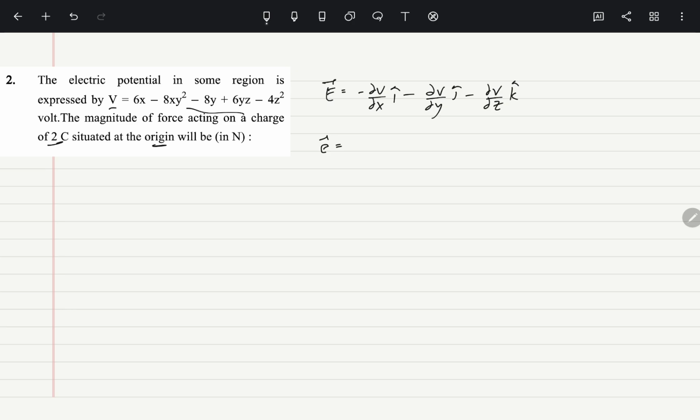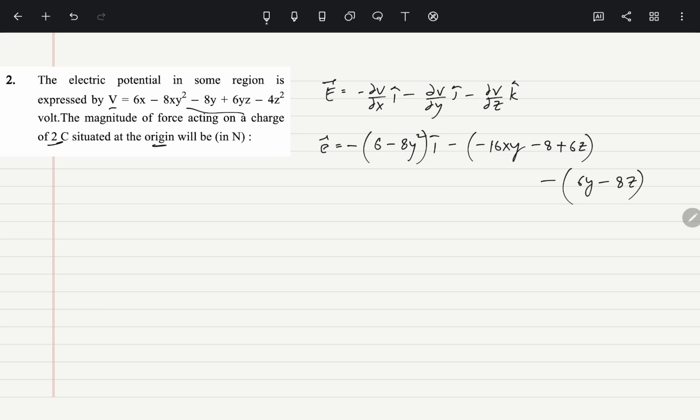So del V by del x is minus 6 minus 8y square. Del V by del y is minus 16xy minus 8 plus 6z, and the last, del V by del z, is 6y minus 8z.